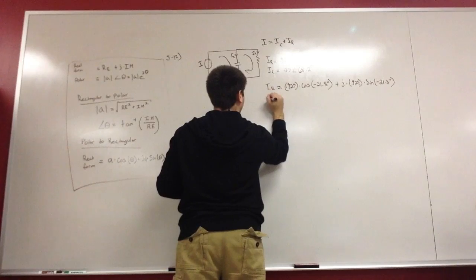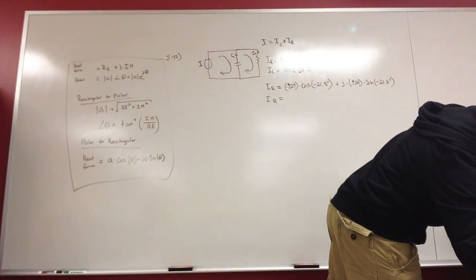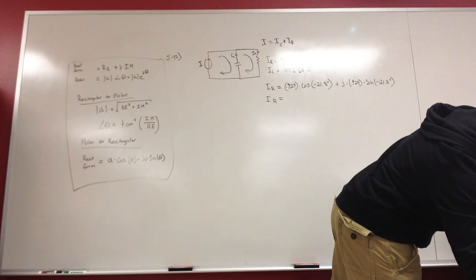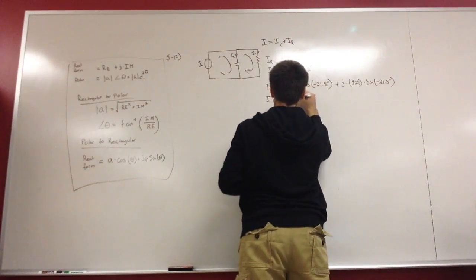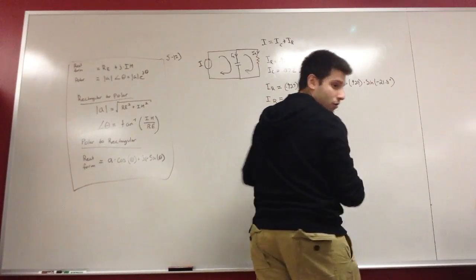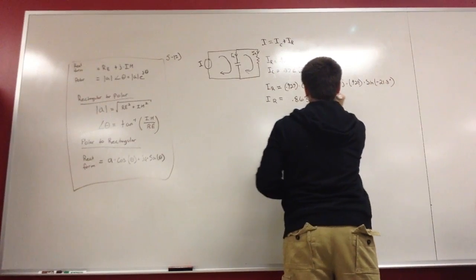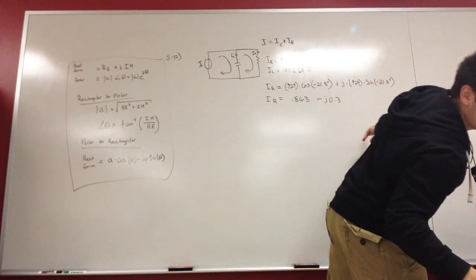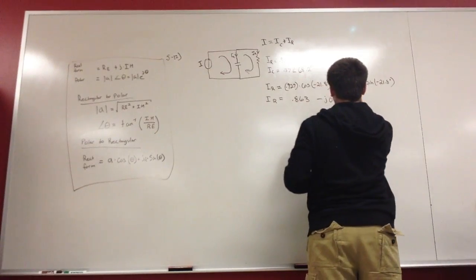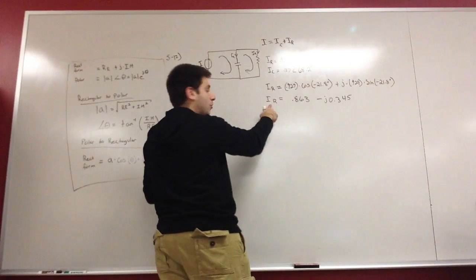So I sub R is equal to 0.863 minus J times 0.345. So this is the rectangular form of the I sub R component.